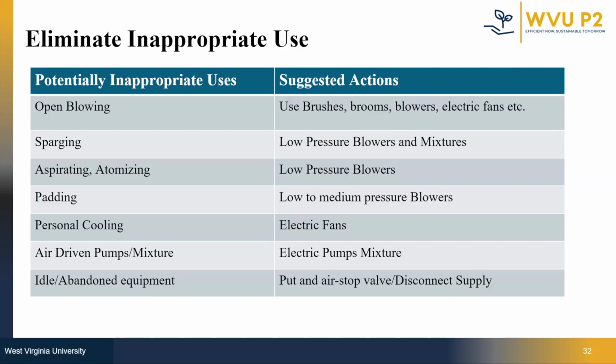And personal cooling, which people often do with compressed air, should really be replaced with something as simple as electric fans. We can also see cases where compressed air pumps or equipment are left running even when they are not needed. That is like leaving the lights on 24/7. A simple fix is to install air stop valves or disconnect supply lines when equipment is idle.